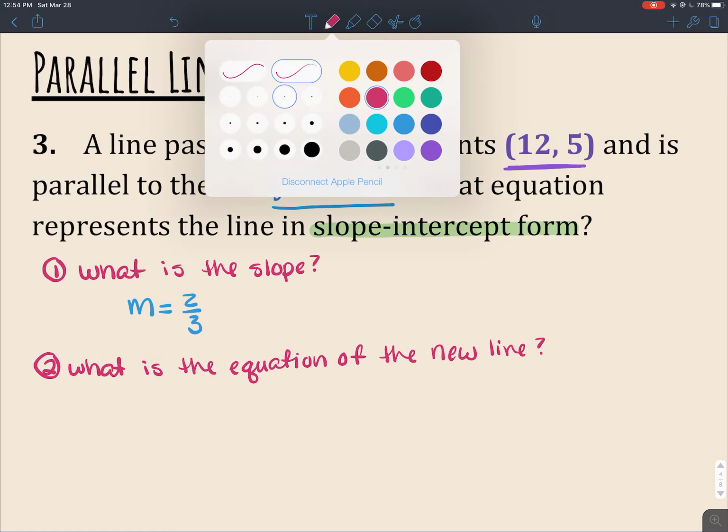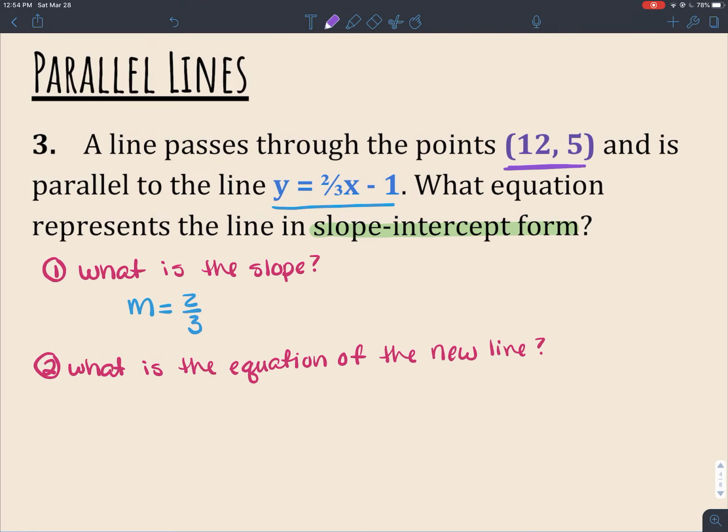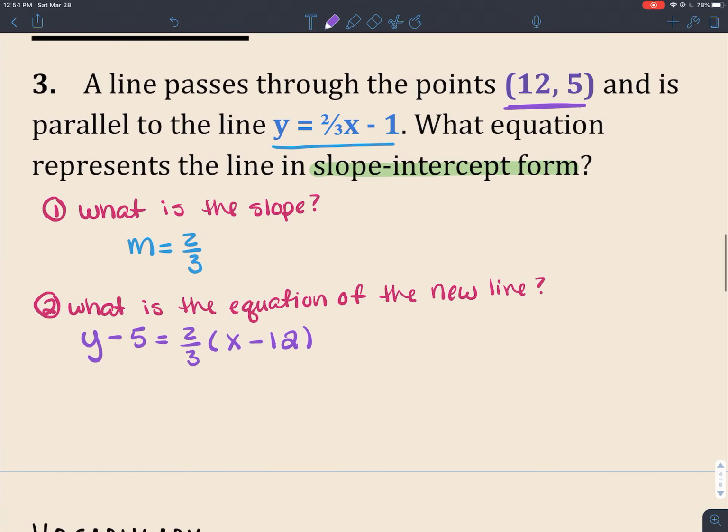But sometimes it's easier if we start out using point-slope form to write the equation and then convert it into slope-intercept form. If I take my point and my new slope and plug it into point-slope form, we get y minus 5 is equal to 2/3 times x minus 12. And that is our point-slope form.